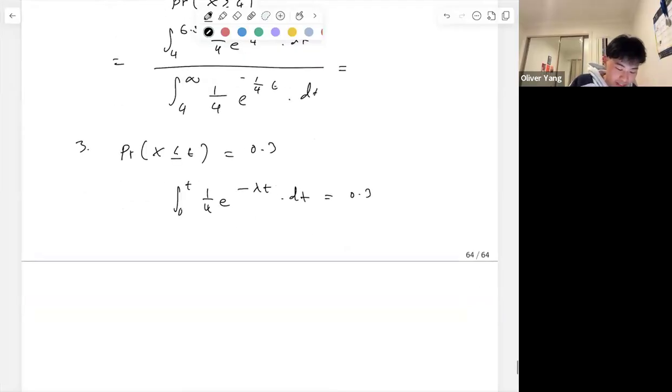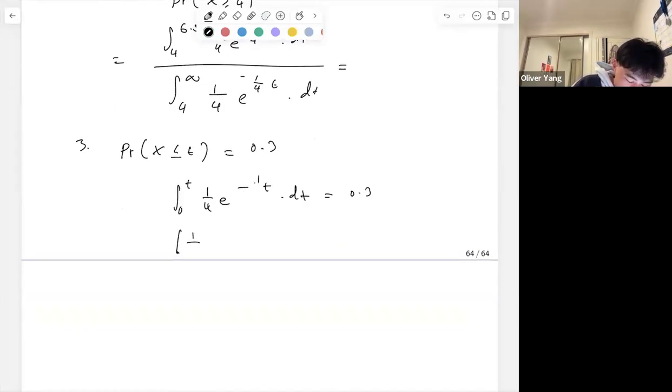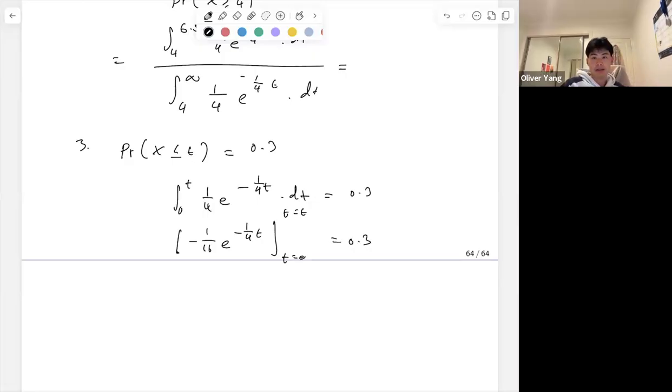So we're just going to integrate this. 1 over 4, so we're going to get negative 1 over 16 e to the negative 1 over 4 t, from t equals 0 to t equals t, equals 0.3, right?